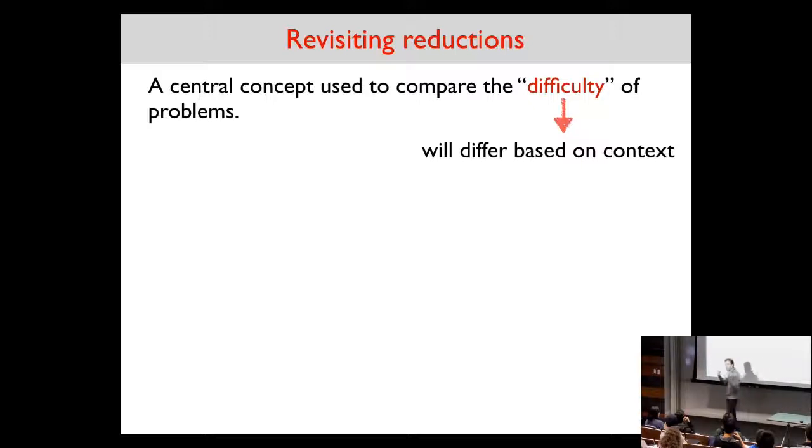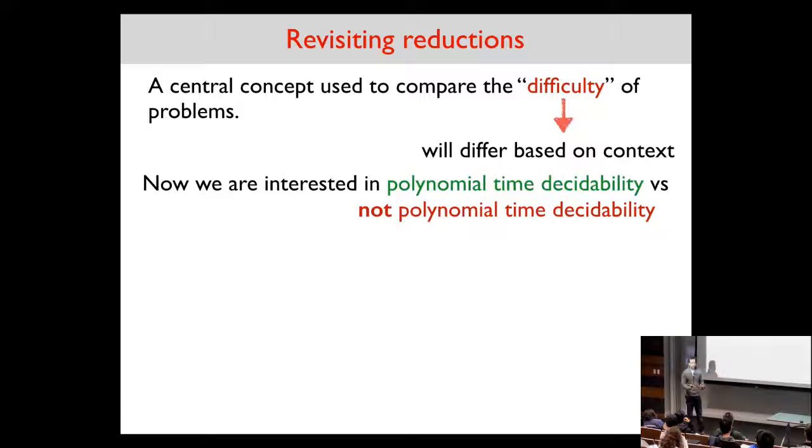What we mean by difficulty will depend on the context. When we saw it for the first time, the context was problems that are either decidable or undecidable. Undecidable problems were difficult, and decidable problems were okay. But now we're going to refine that. In this context, we're interested in polynomial time decidability versus not polynomial time decidability.